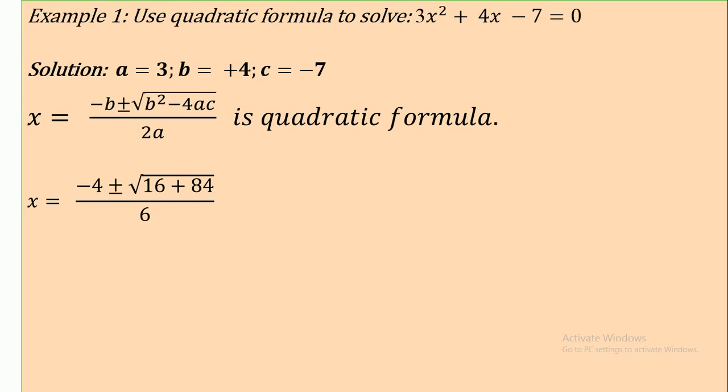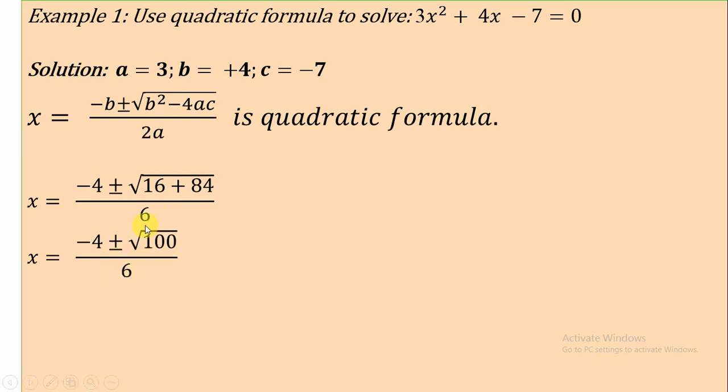minus b, which is minus times plus 4, which is minus 4, plus or minus square root of 4 squared, which is 16, minus 4 times a, that is 12, times c, which is minus 7, that's plus 84. And by the time you add it, you have x equals minus 4 plus or minus square root of 100 over 6.